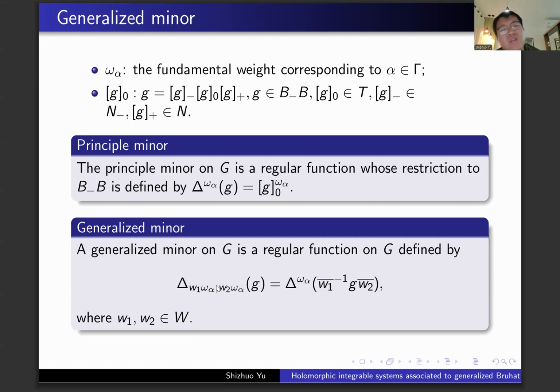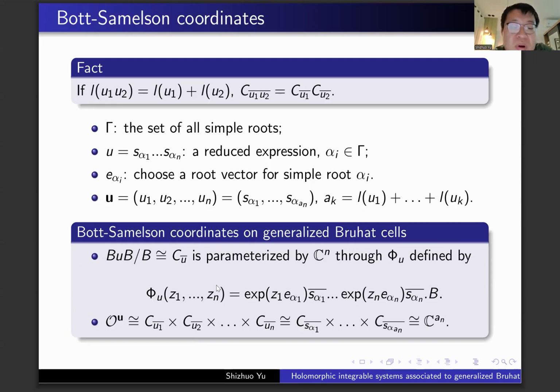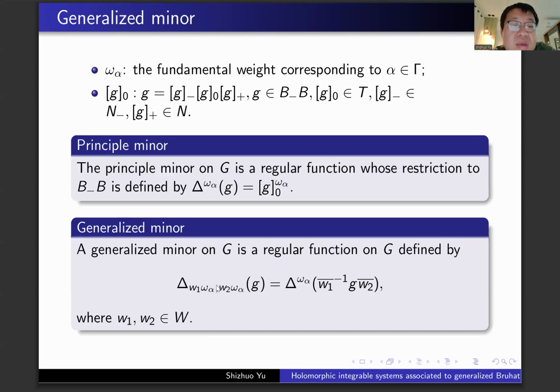And because for the integrable system we need functions, based on the building blocks of the Berenstein-Zelevinsky coordinates, now we try to define some nice regular functions. These are the so-called generalized minors.